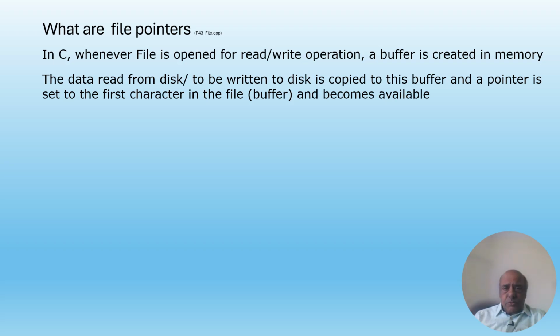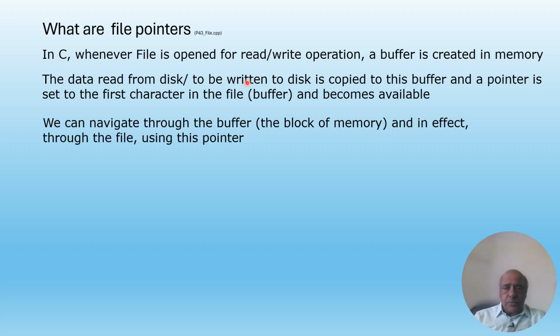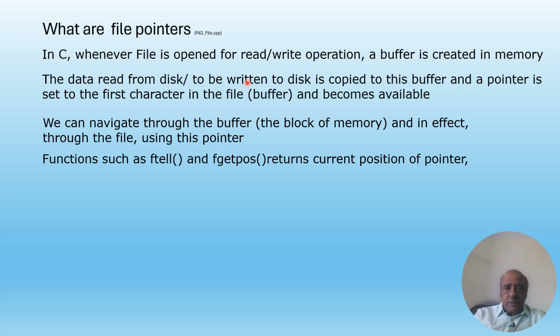When we read data from the disk or write data to the disk, all the data is copied to this buffer and a pointer is set to the first character in the buffer, which is actually the first character of the file. This pointer becomes available to the programmer for navigating through the file. When we navigate through the buffer, in effect we are navigating through the file.